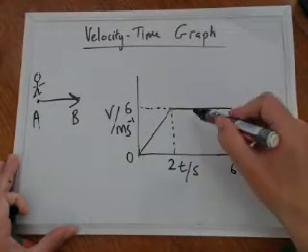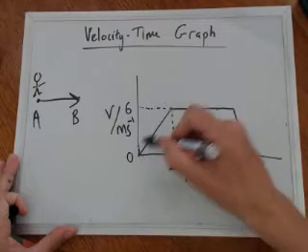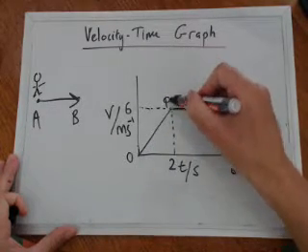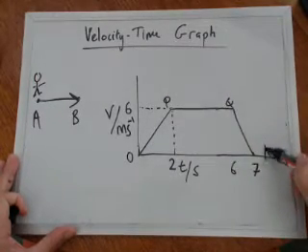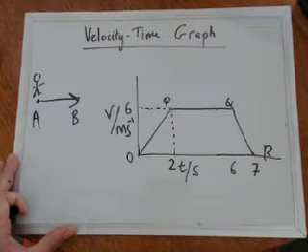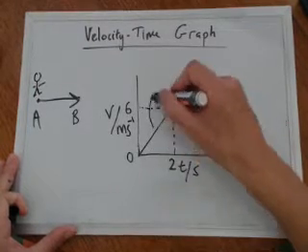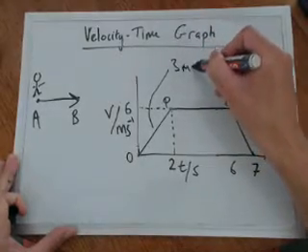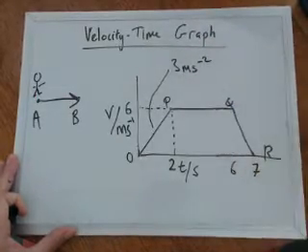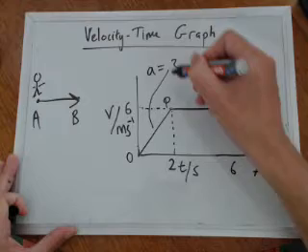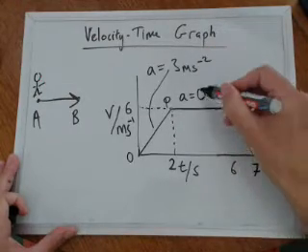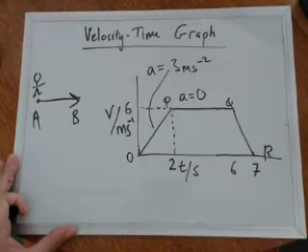So at this stage, let's call that O, P, Q and R. So O to P, that's a constant acceleration of 3 meters second to the minus 2. P to Q, the acceleration equals 0, and its constant velocity is 6 meters per second.